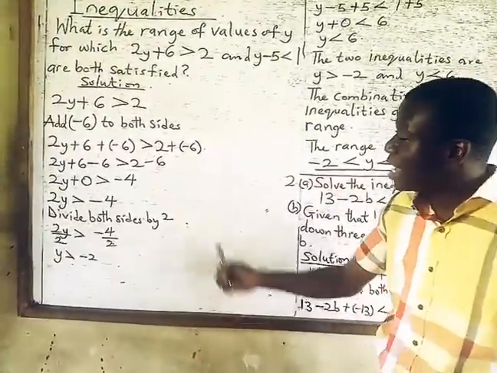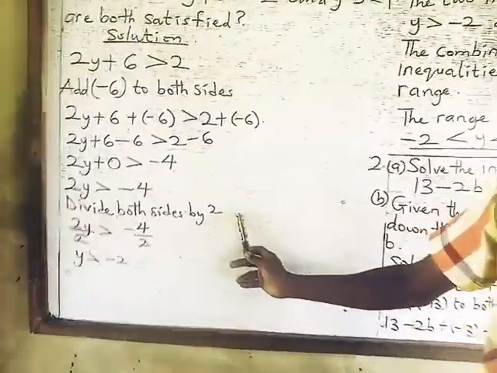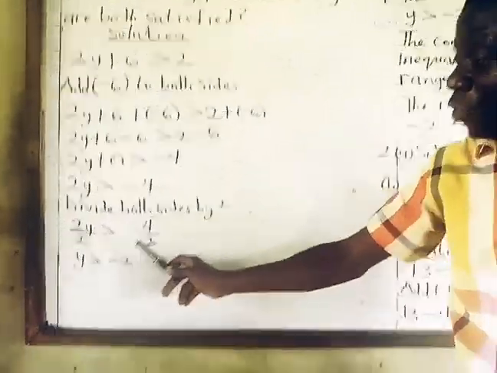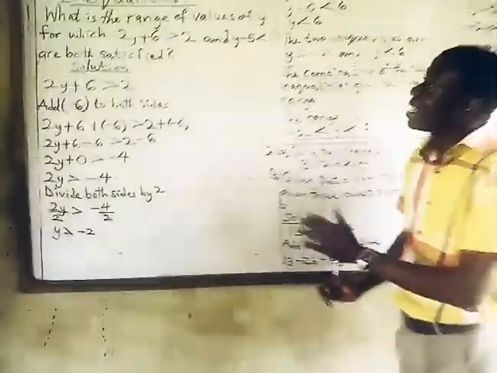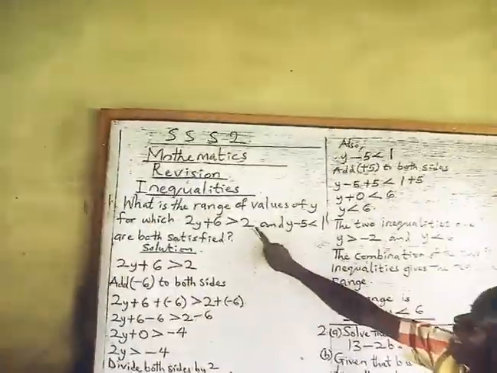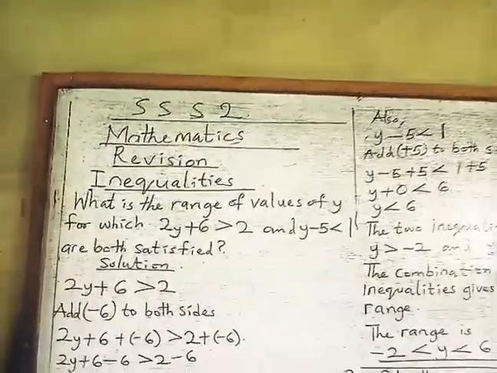Then we divide both sides by 2, and we have y greater than minus 2. That solves this inequation.